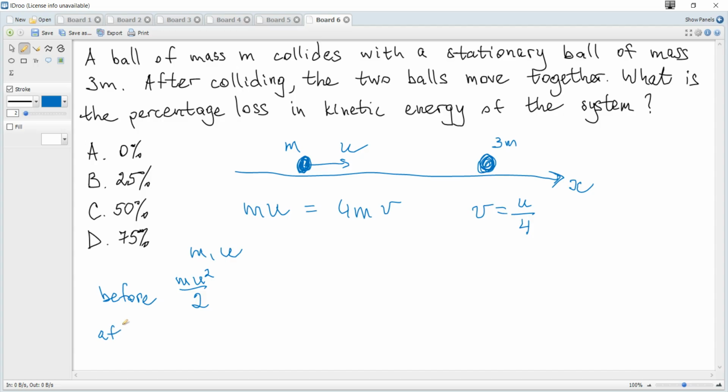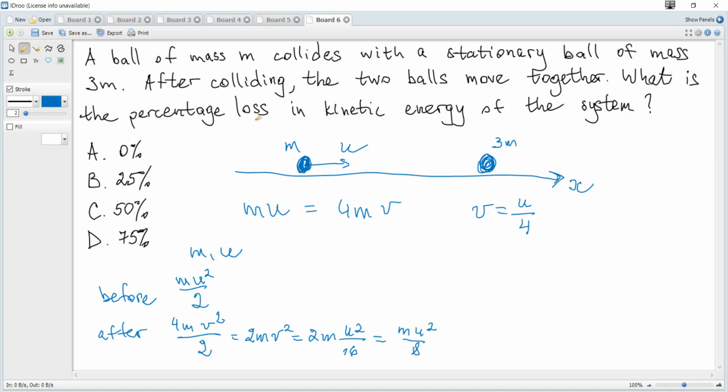And after, our system consists of two balls, or one object of mass 4m and speed v. So it's 2mv squared, or 2mu squared over 16, or mu squared over 8.